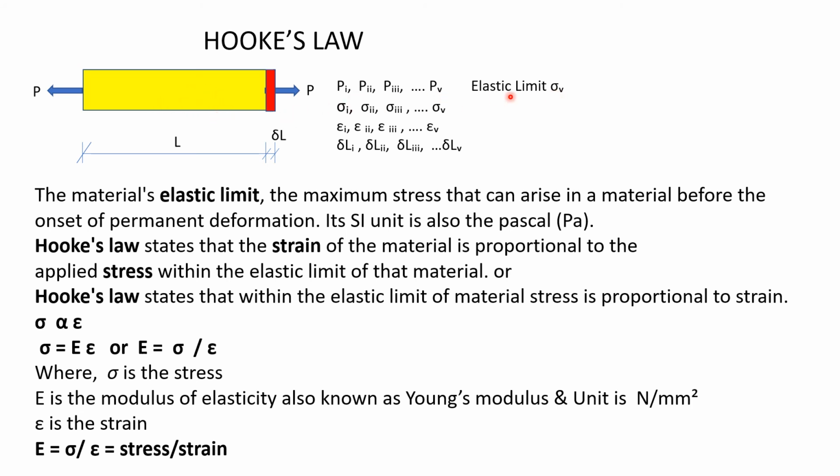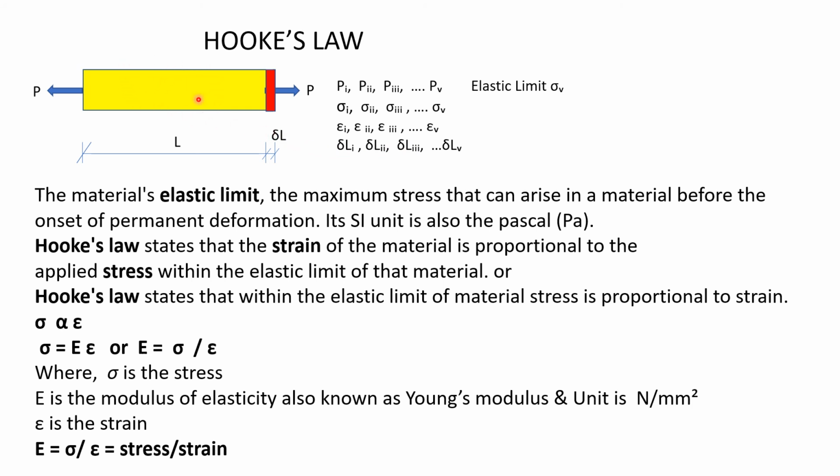If the stress is sigma V or less than that, and if I remove the force, this body will come to its original length, it will get its original size and shape. But if I cross this stress sigma V, and stress it more than sigma V, and after that if I release the force, then the deformation is permanent.